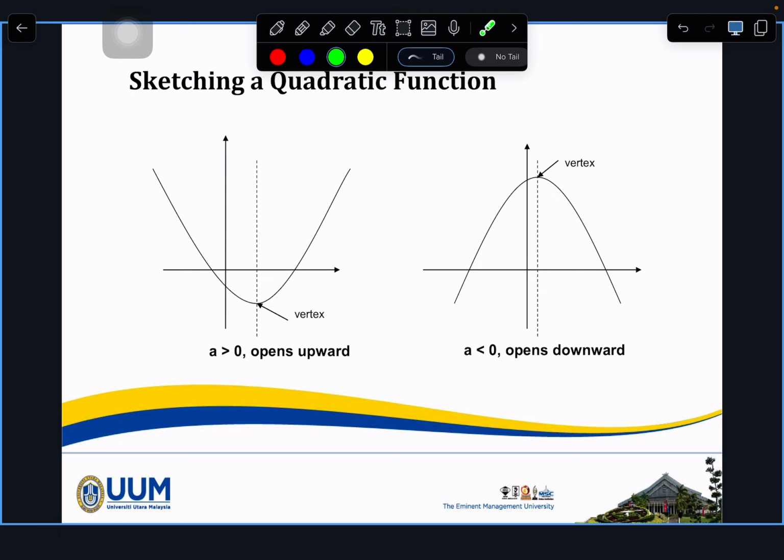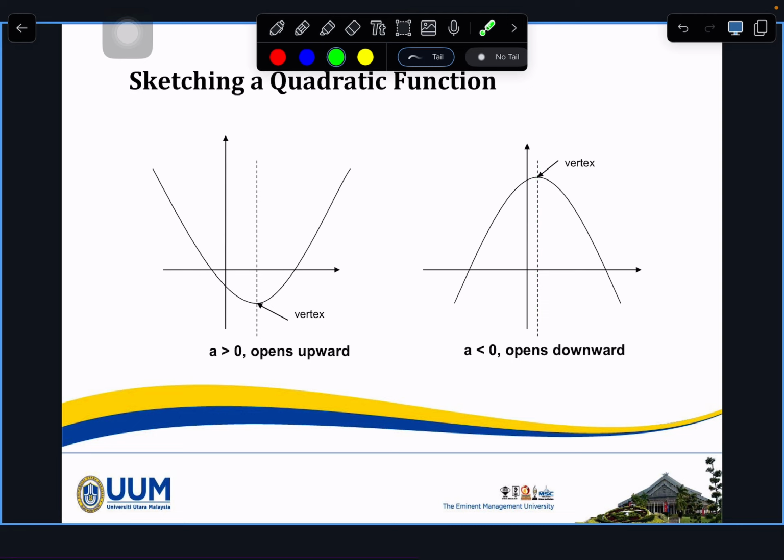Yes, vertex will obviously intersect the axis of symmetry, correct? What else? Yes, vertex is maximum and minimum point too. So basically the gradient for vertex is always 0. Clear? Okay. So we have dash line here.